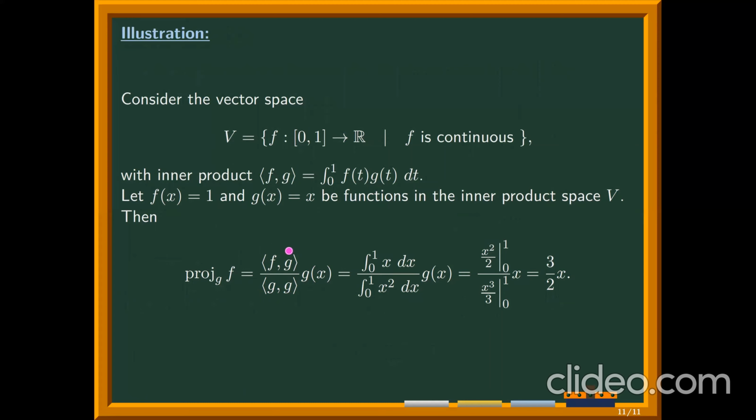Okay. But these inner products are computed again using this definition for our inner product as shown. Okay, so we see that the inner product of f and g is 1/2. The inner product of g and g is 1/3. So we see that the projection of f on g is equal to 3/2 x.